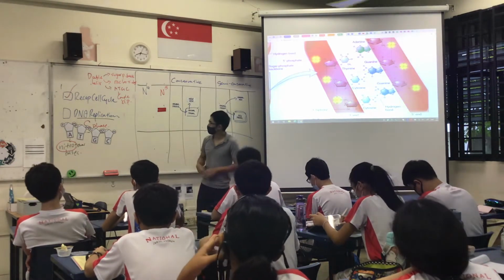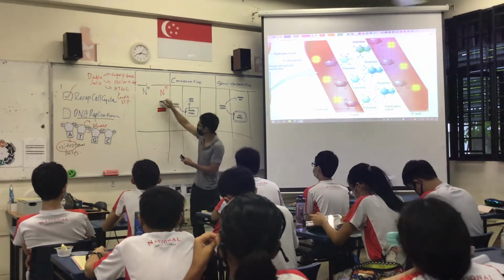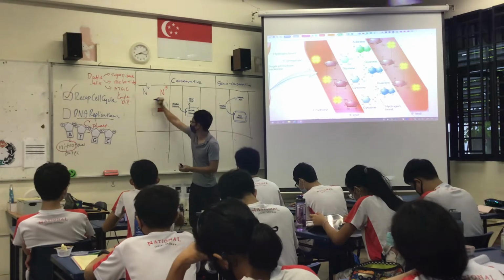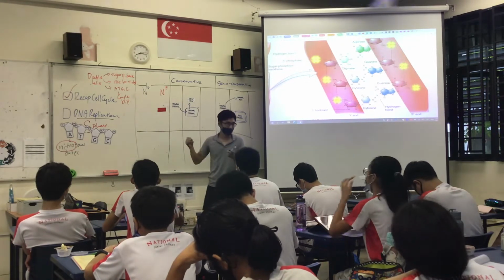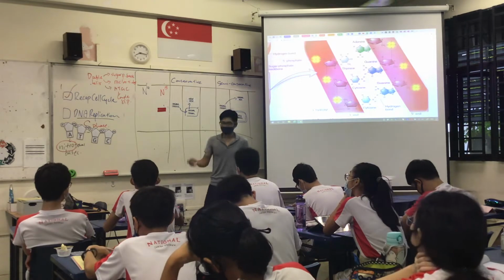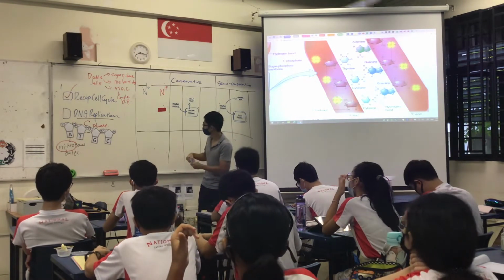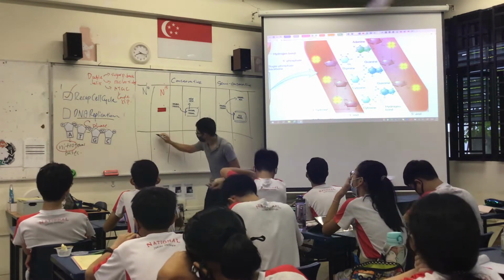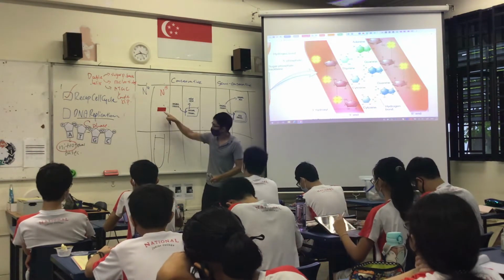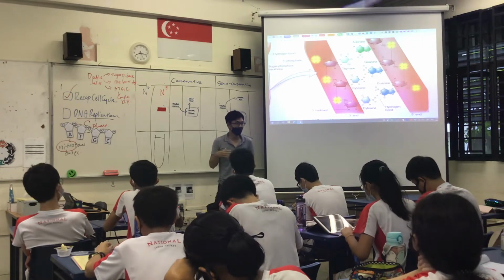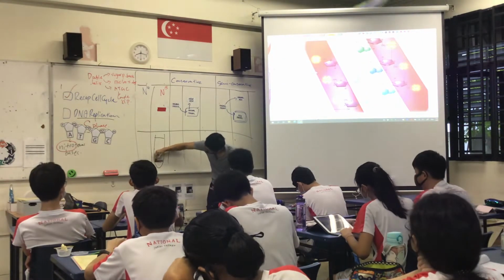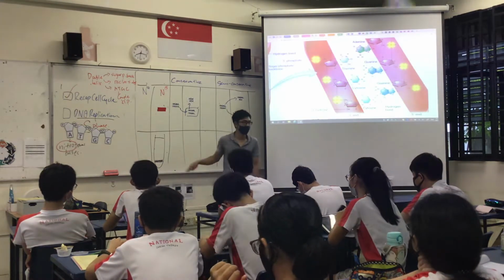If I take these cells, kill them all, put them into a test tube and take it for a spin, something interesting happens. The DNA, because of its heavy weight, will all sink to the bottom in one band.